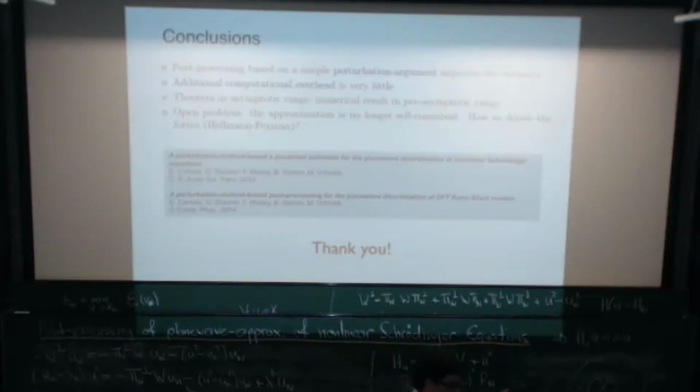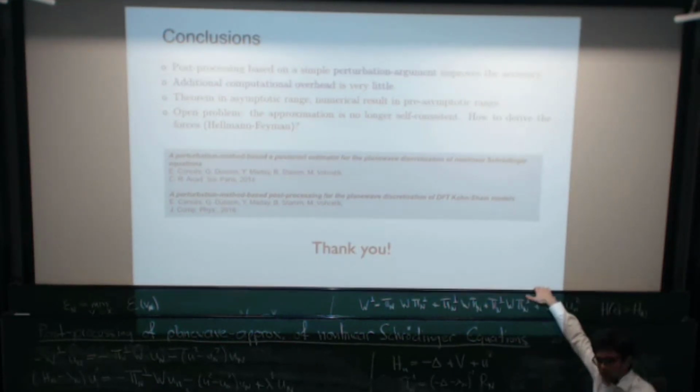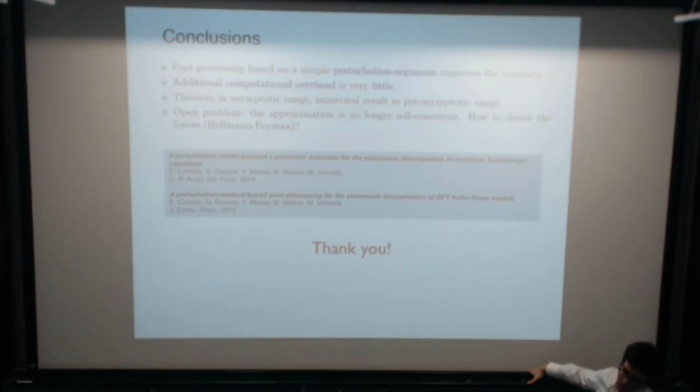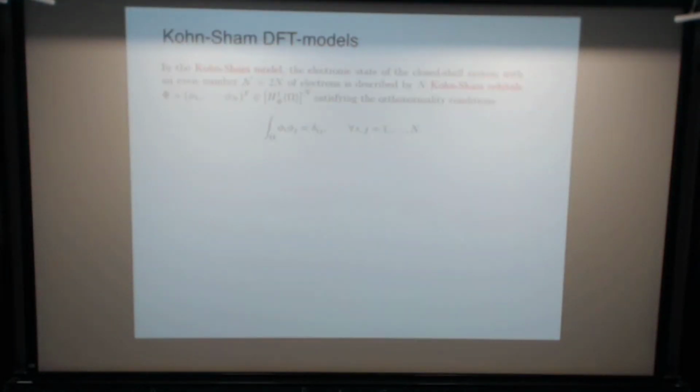Yes, so the DFT model, I mean, you have the original Schrödinger equation, the electronic n-body problem, which is a problem in 3n dimensions, so this is unfeasible to do. Then the DFT theory tells you that it is feasible, at least in theory, to solve a three-dimensional nonlinear eigenvalue problem, which is exactly the one that is here. So here we do have many orbitals that you have to look for, right?